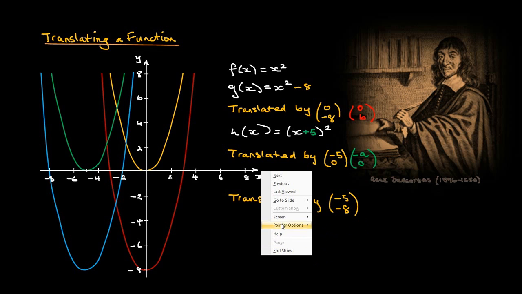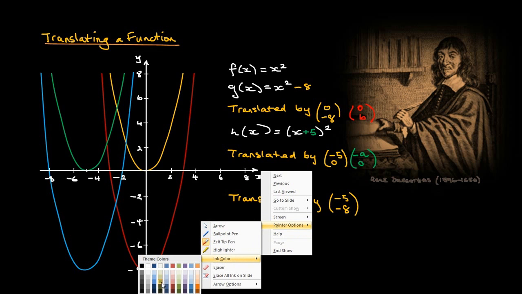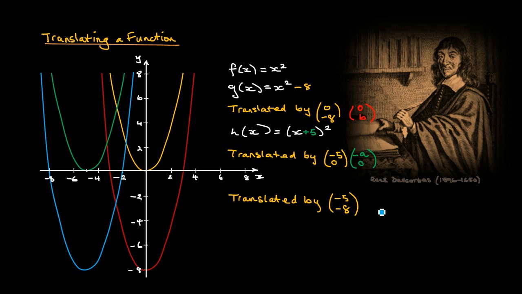My general expression, let's use blue pen, my general expression then is going to be a combination of these two. So I've got 0 plus minus a, it's going to be minus a, so whatever number I'm going to translate it by, it has to be negative, and then b plus 0, b.